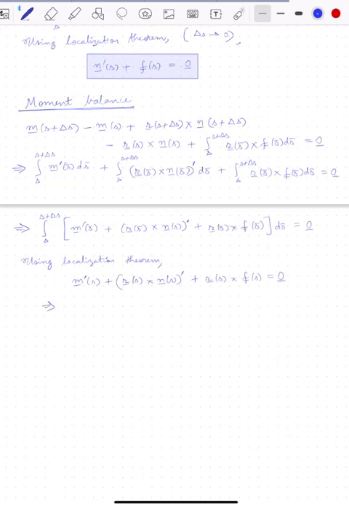Now we'll just expand the second term, and this gives us R prime of S cross N of S plus R of S cross N prime of S plus R of S cross F prime of S. And this we can simplify further.